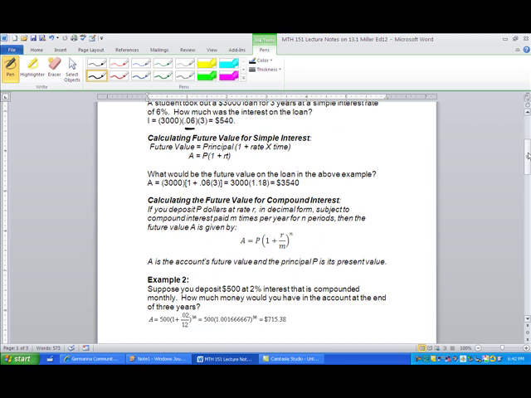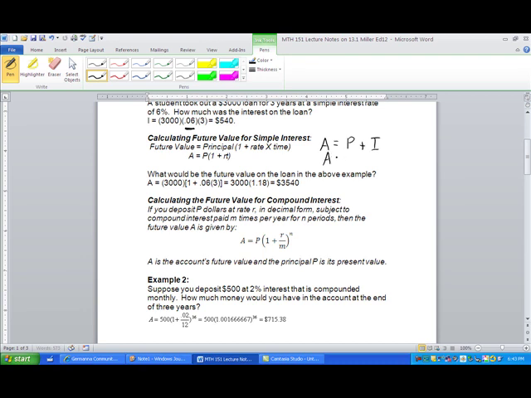Now, when we talk about future value, we're talking about taking the principal plus the interest. So the future value is the principal plus the interest. We call this future value, which is represented with an A, principal plus interest.